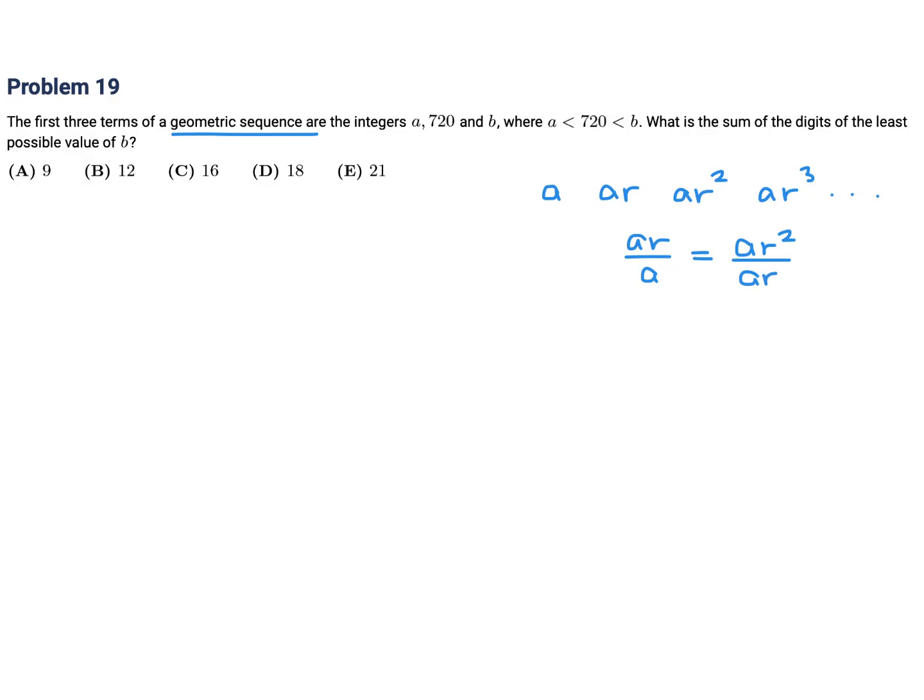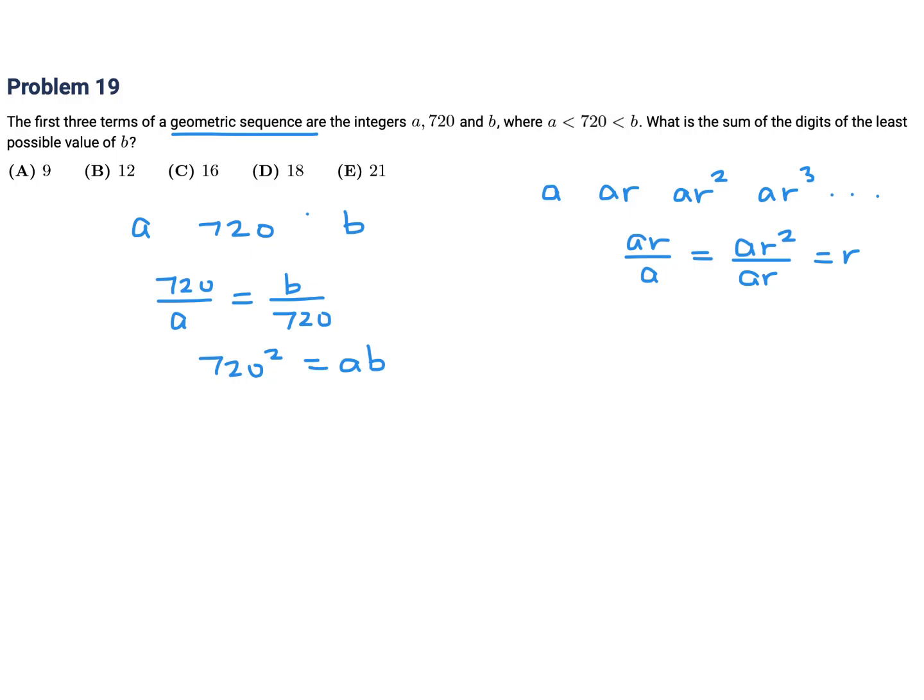And as you can see, all of these are basically just R. So we're going to use that. So our terms are A, 720, and B, correct? That means that 720 over A is the same as B over 720. So that means 720 squared is AB.